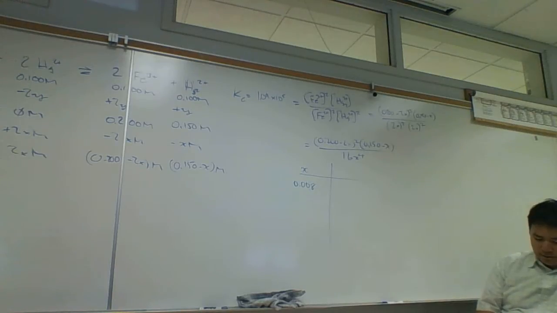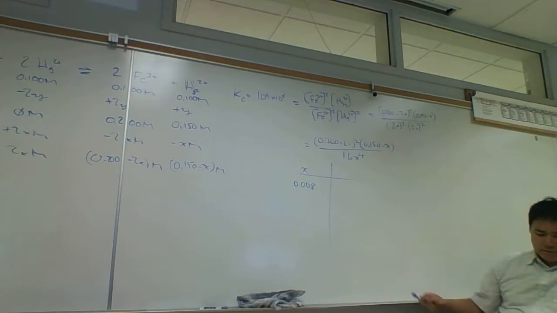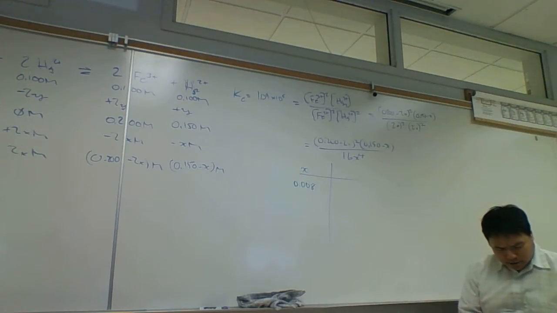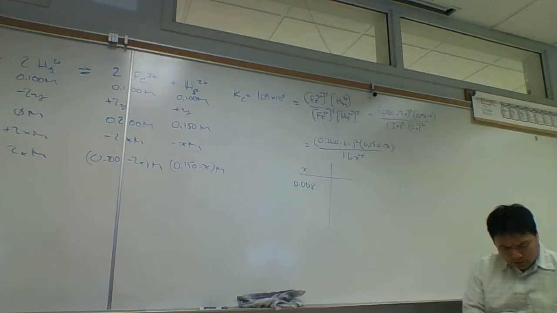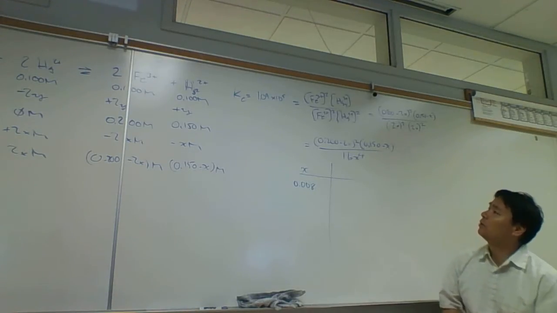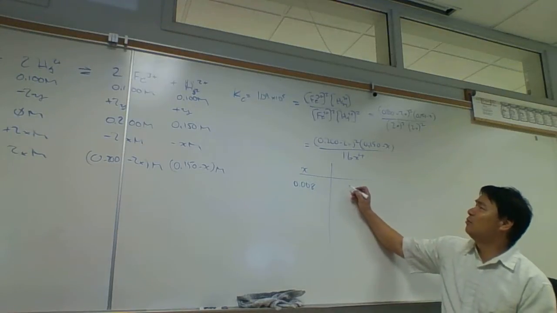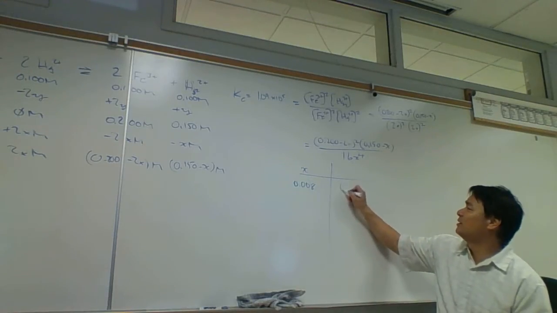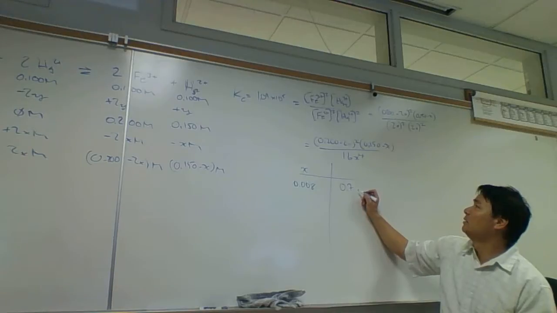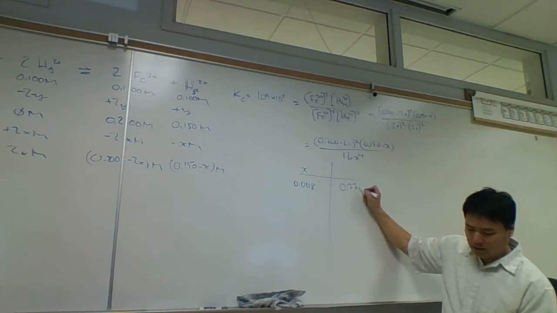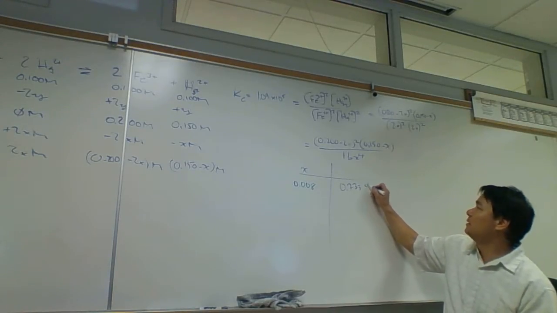Let's see, 0.008 to the fourth equals 7.3 times 10 to the 4th. I don't want it in 10 to the 4th, so I'm going to call it 0.733 times 10 to the 5th.